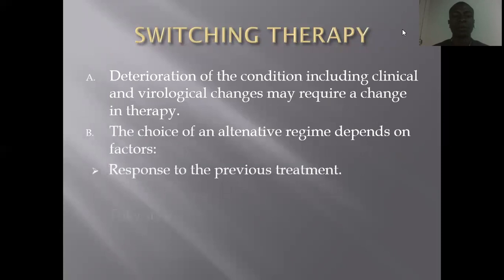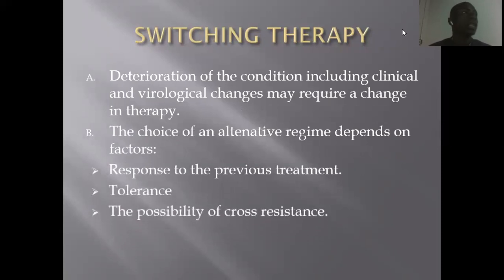Switching therapy. In deteriorating conditions, including clinical and biological changes, a change in therapy may be required. So sometimes when the disease changes, you can change the medications as well. The choice of alternative regimen depends on the following factors.